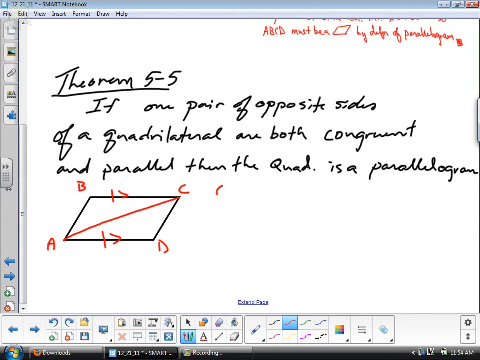So our given information is that BC and AD are congruent and BC and AD are parallel.